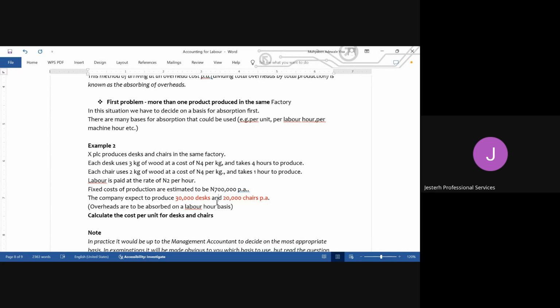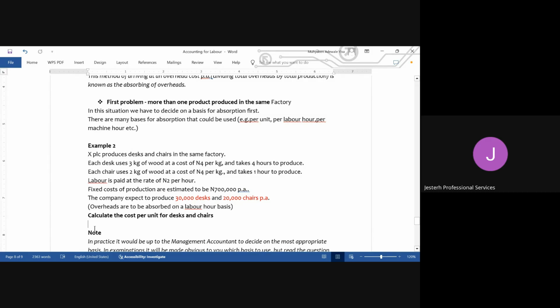They say overhead is to be absorbed on the labor hour basis. So whenever we want to calculate our overhead, it needs to be based on the total labor hour used in producing the desk as well as the chair.